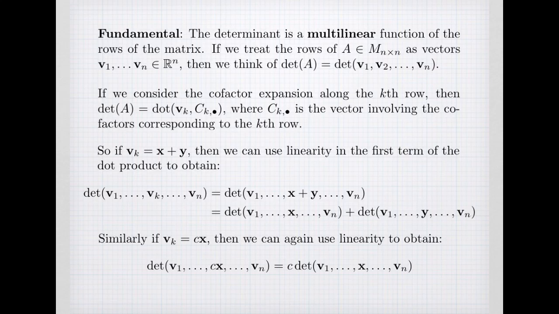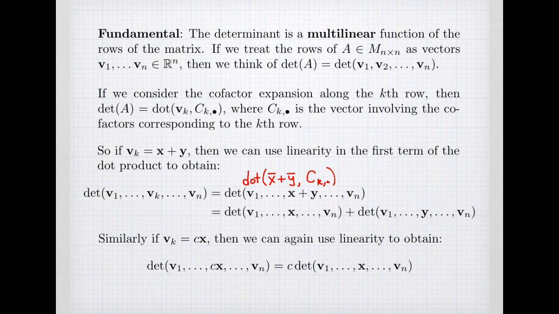Here's how I do it. I'm going to think about an arbitrary entry, an arbitrary row, and I'm going to think of it as a sum. We need to show that the determinant has a sum rule for that particular entry. Well, this is a dot product of this kth row, and so in this dot product, the vk is x plus y. Linearity lets me split that up into 2 parts.